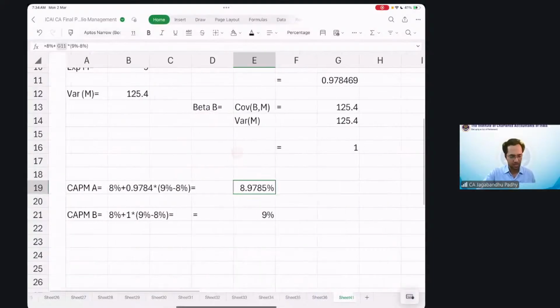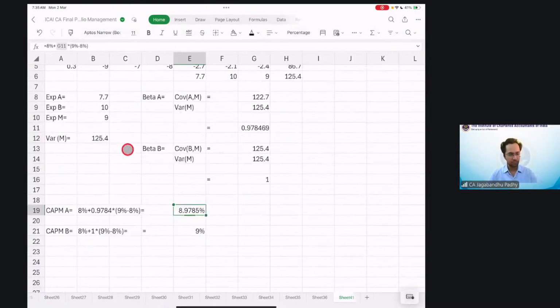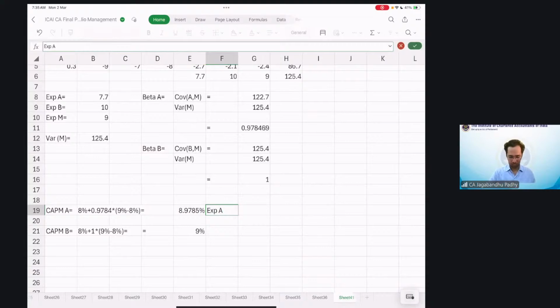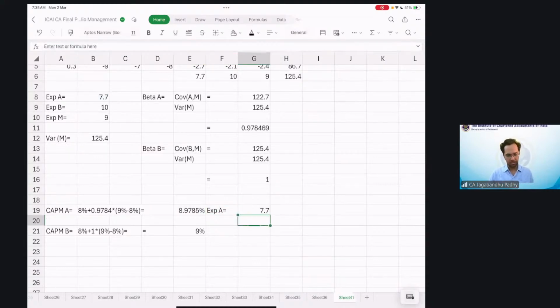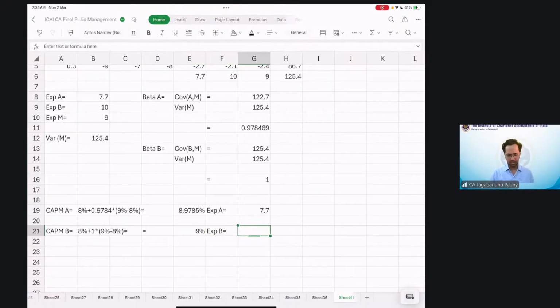For that, since we have this CAPM return, what's the expected return? Expected return of A is 7.7, expected return of B is 10.